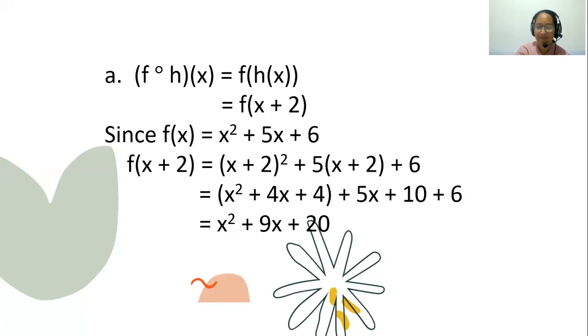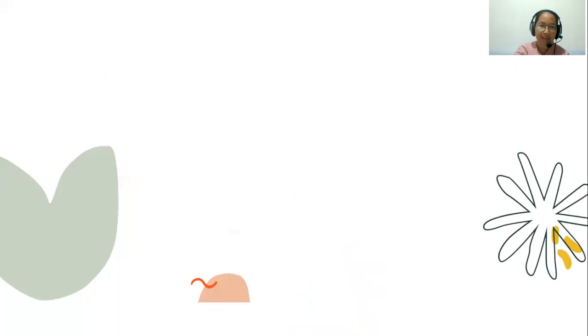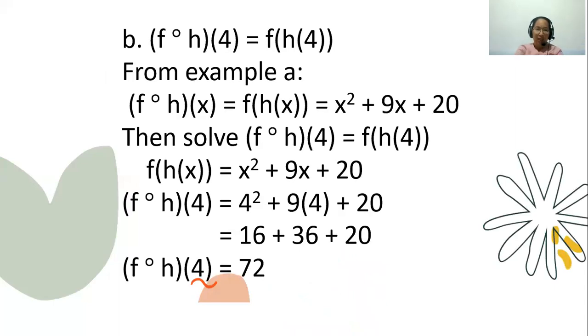So there are two substitutions actually. Let's have the second one. F of h of 4, or the composite function of f and h of 4, is equal to f of h of 4. From the previous example, we know already that the value of f of h of x is equal to x squared plus 9x plus 20. So we need only to substitute the given value of x, which is 4.